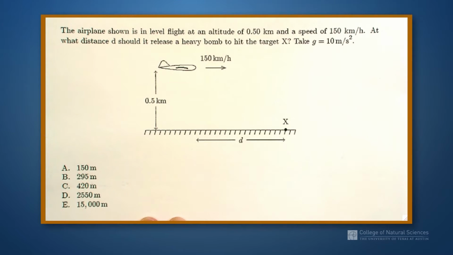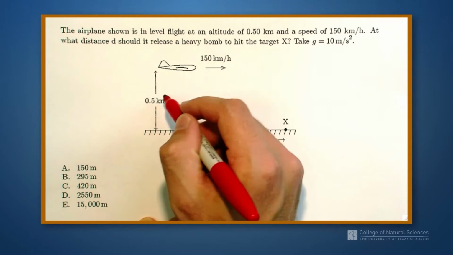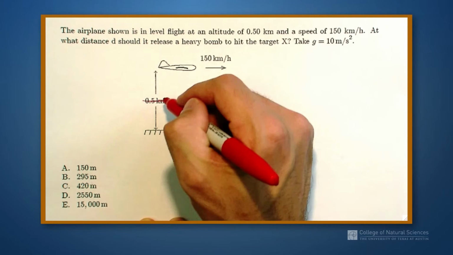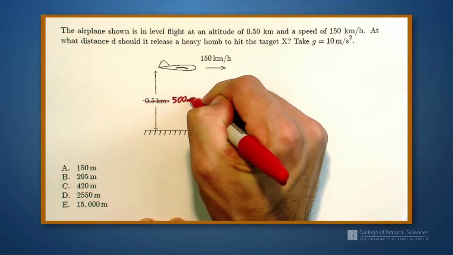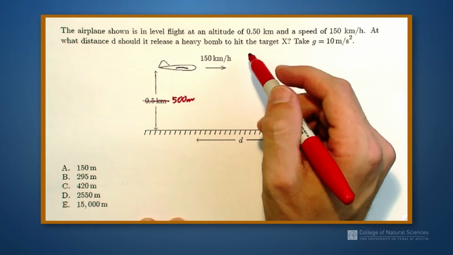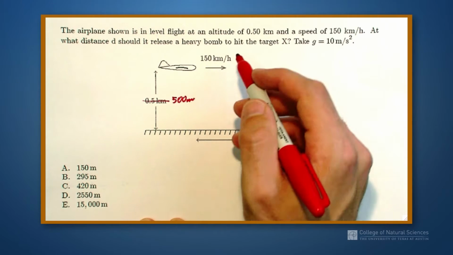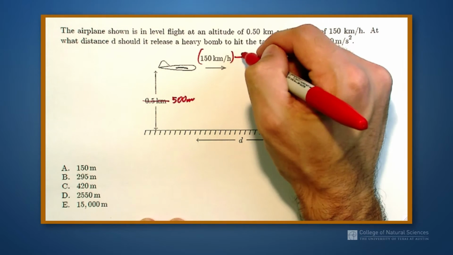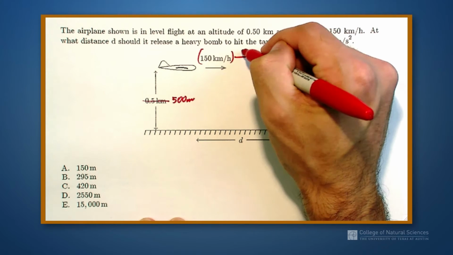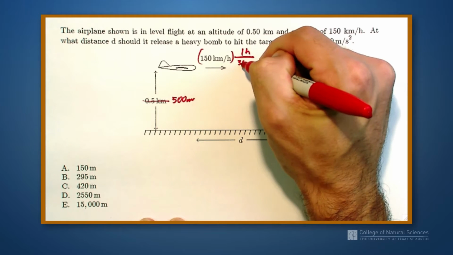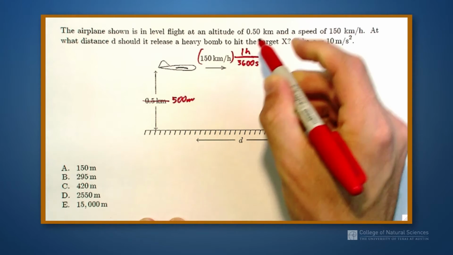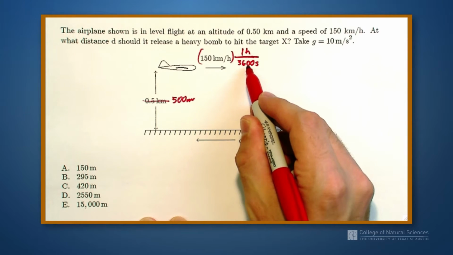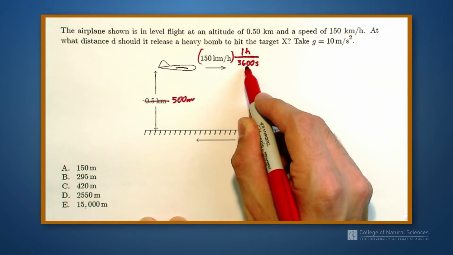There's a few things that I don't like about this problem that make me want to start changing the picture. The first one is I don't like the 0.5 kilometers. I like 500 meters instead. I also don't like the 150 kilometers an hour. I know that in 1 hour there are 3,600 seconds, 60 minutes in an hour and 60 seconds in a minute.